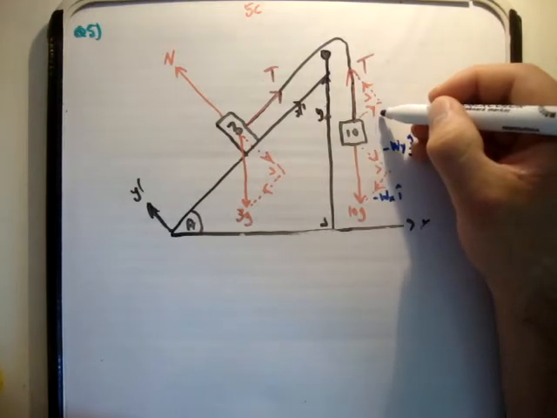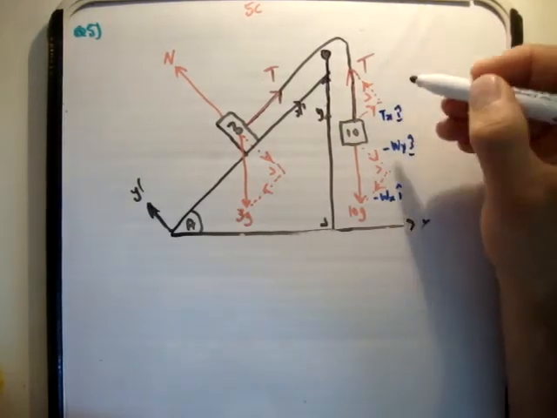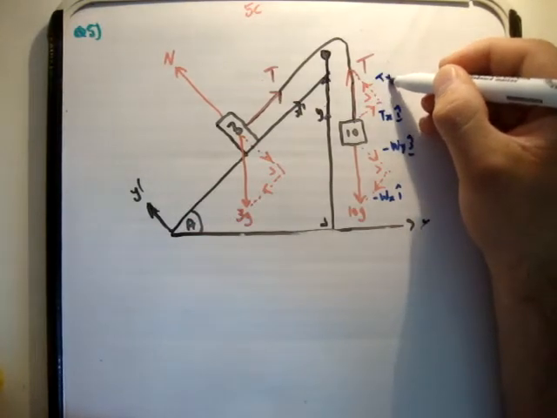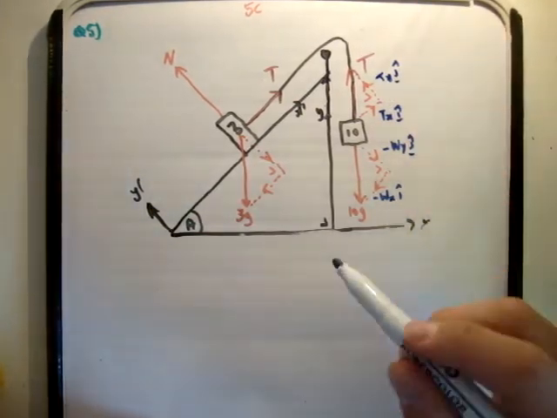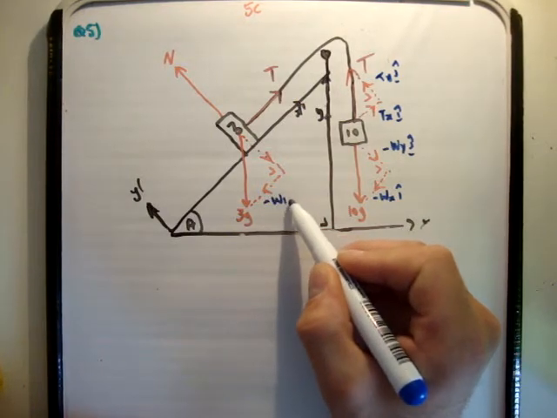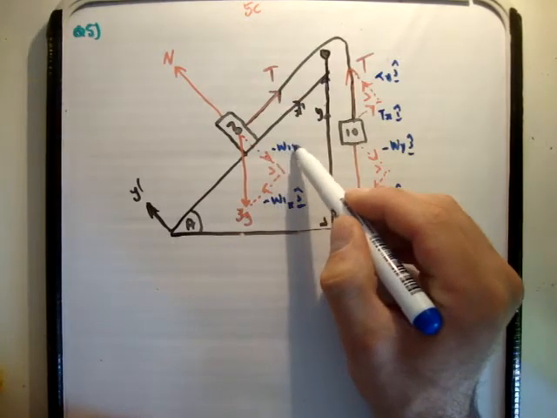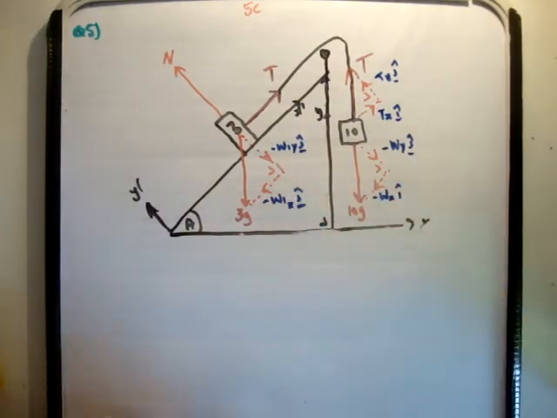This is positive t sub x in the i hat, and this is t sub y in the j hat. This is, I'm going to call it negative w1 sub x j hat. This is negative w1 sub y j hat, like so. And everything else is pretty good.